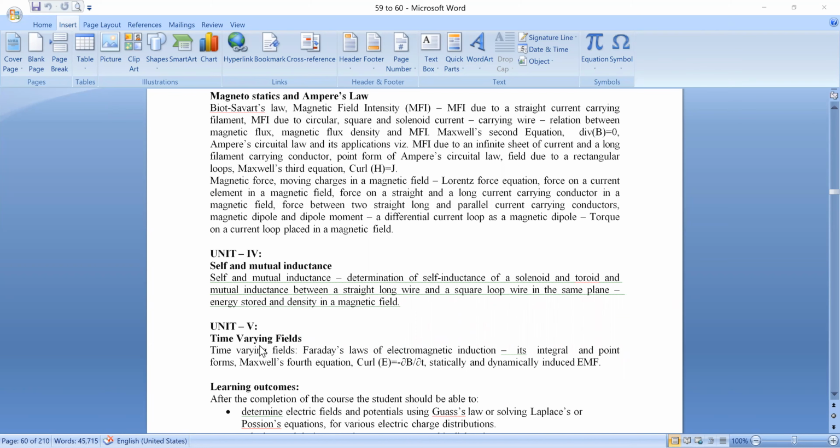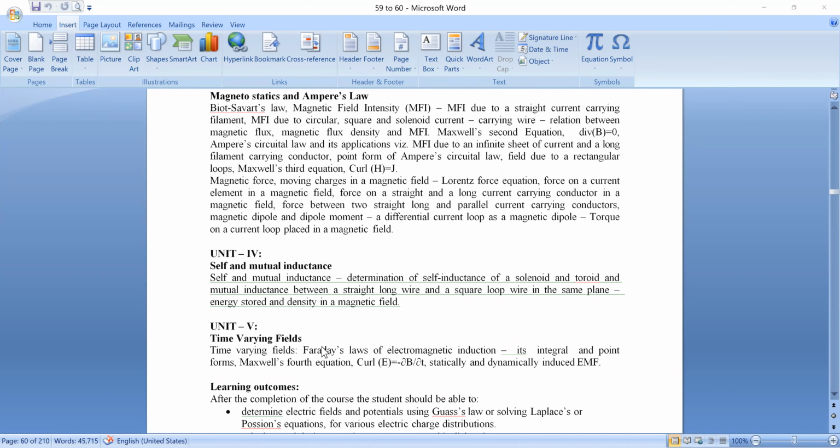That means their strength or intensity changes from time to time. That's why in the previous chapters the dou by dou t value is equal to 0 entirely. But in the case of time varying fields, we have to use the dou by dou t term. Why? Because they are variable with time. So time varying fields means both magnetic and electric fields are variable along with time.